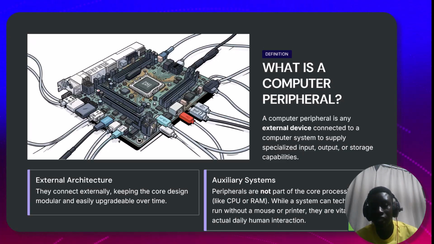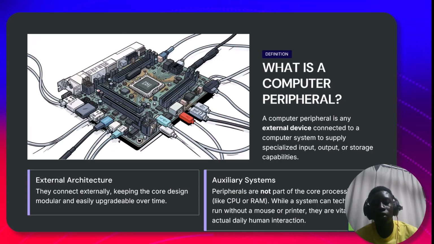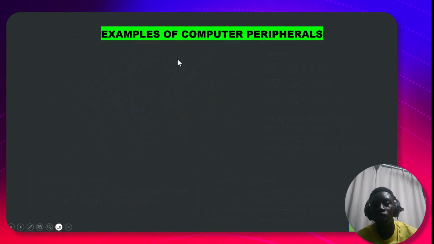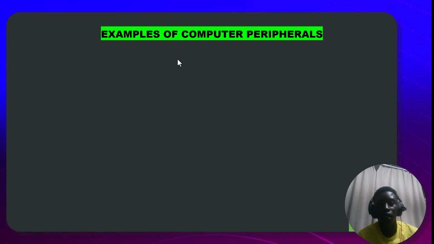They are externally connected because before the system can function properly, you need to connect these devices to it, because they are not part of the core component of the computer. We have the CPU and the RAM, which are the main core components of the computer system.